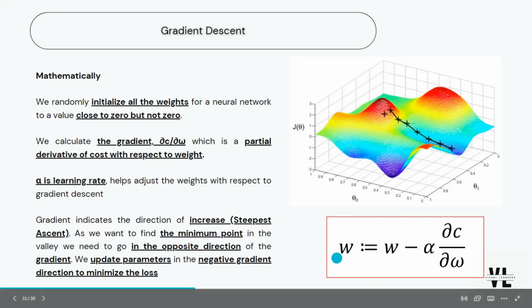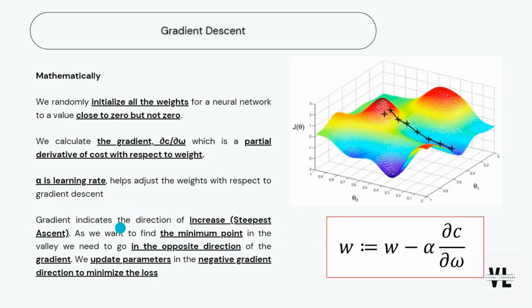We're adjusting the weights and assigning them with an assignment operator, which means the weights are being updated to a new value each time. The gradient indicates the direction of steepest increase. So the name gradient basically means to find the highest point instead of the lowest point.